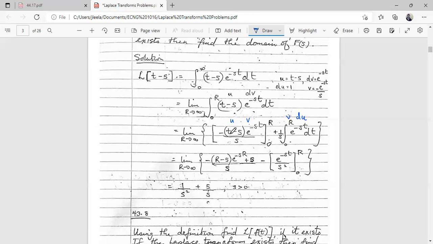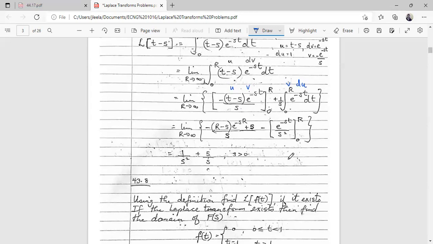And if you put a 0 here, that will be 1, right? So that will be 5 over s. So you have your plus 5 over s here. And then you have your minus e to the minus st over s squared on the right-hand side.